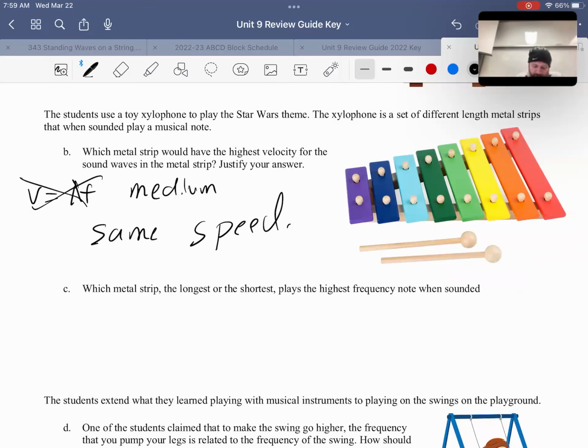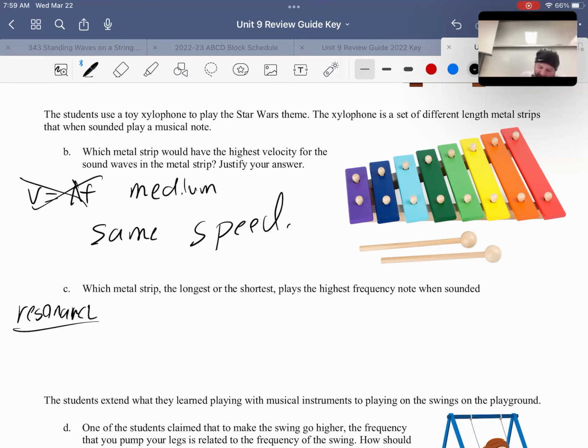So next question, though, says which one would have the highest frequency? Well, that's going to be a property of the actual material here. So if you look at each of those things, they're all going to resonate. So that's the first idea of resonance, right? And resonance is based off the physical properties of it. So you see the longer ones are going to have longer wavelengths here.